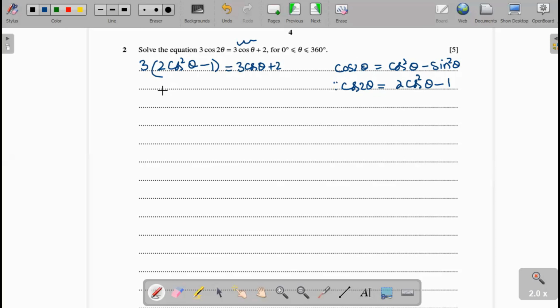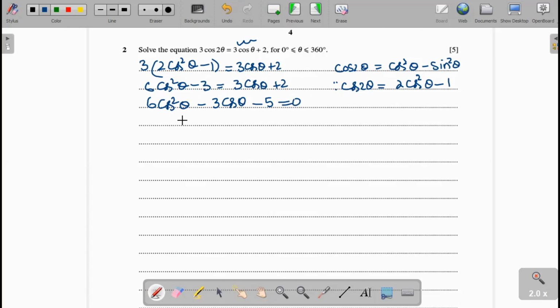Now multiply 3 times 2, 6 cos square theta minus 3 equal to 3 cos theta plus 2. Then it becomes 6 cos square theta minus 3 cos theta and minus 3 and minus 2, it becomes minus 5 equal to 0.